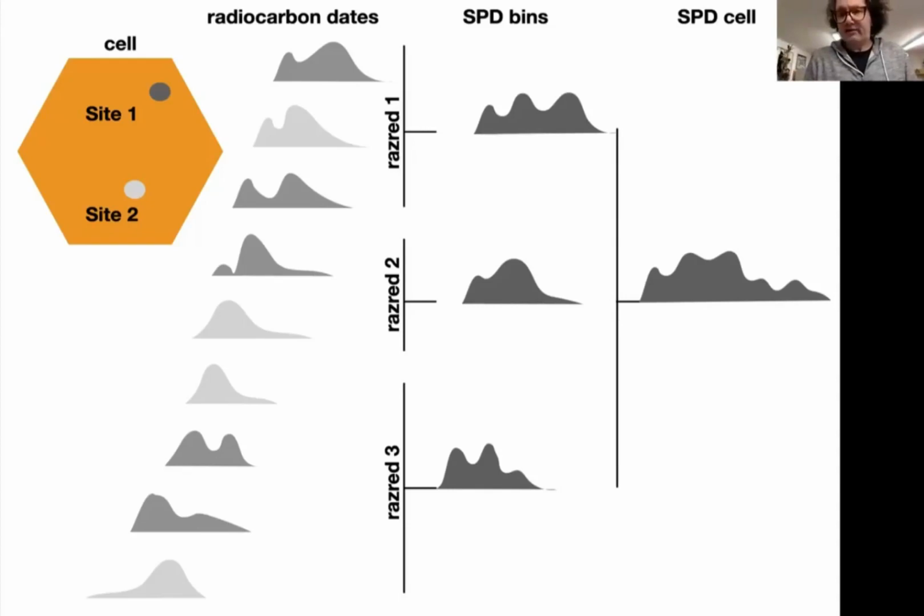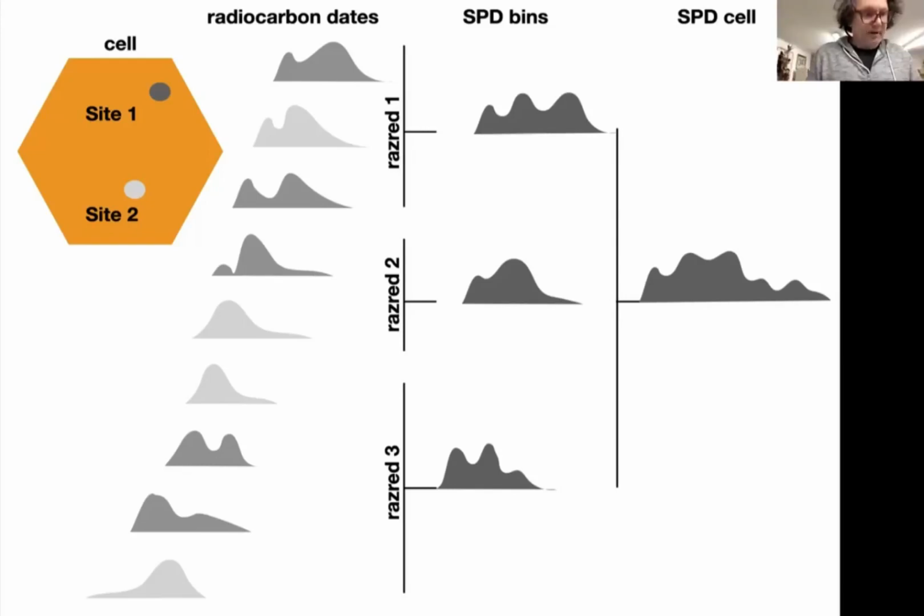So the resulting SPD, the probability density of the whole cell, is the sum not of all dates, but of the SPDs of each bin within the cell. Basically, we are using aggregation as a way to counteract oversampling and the sampling problems within this region.